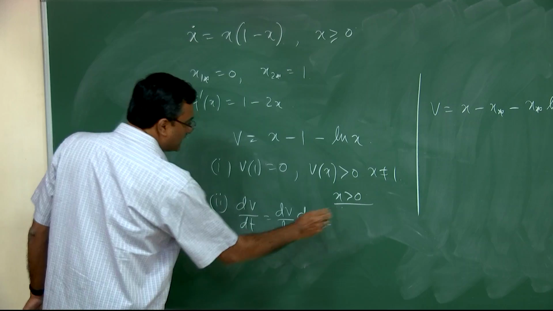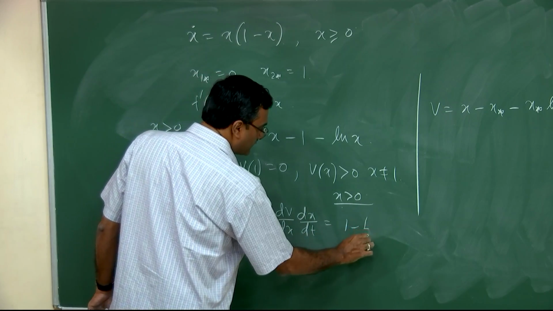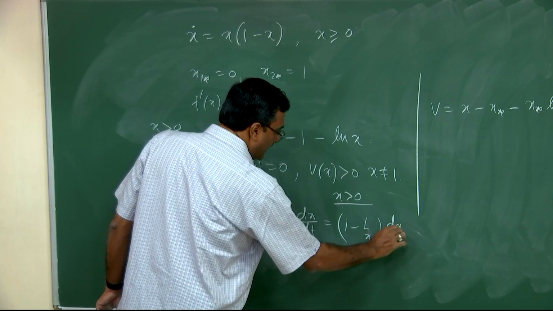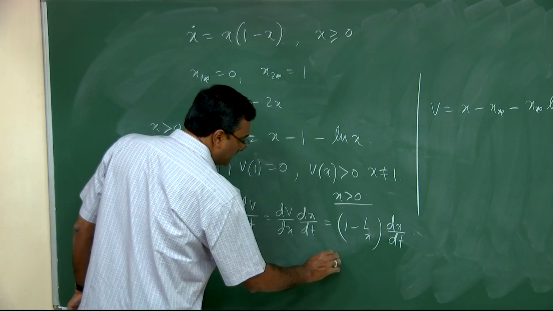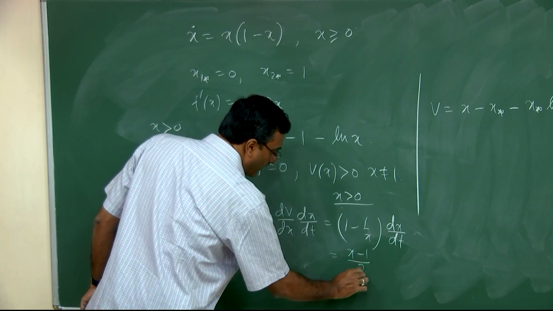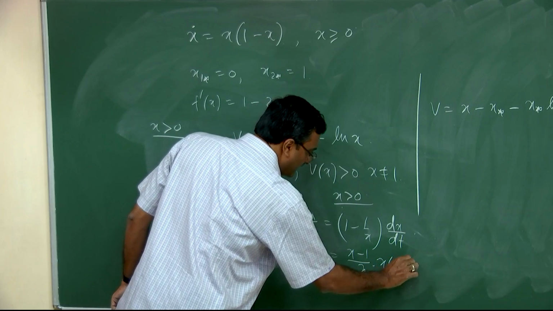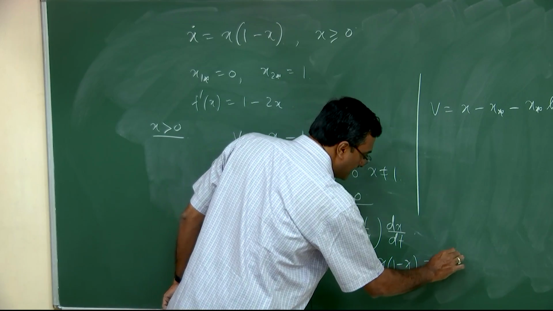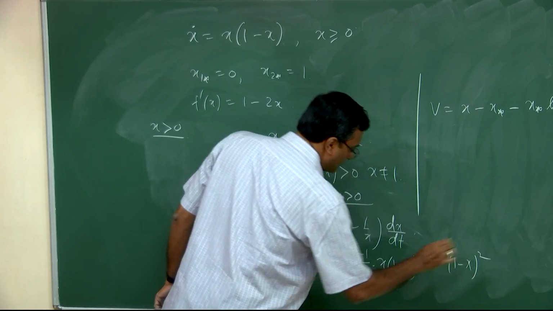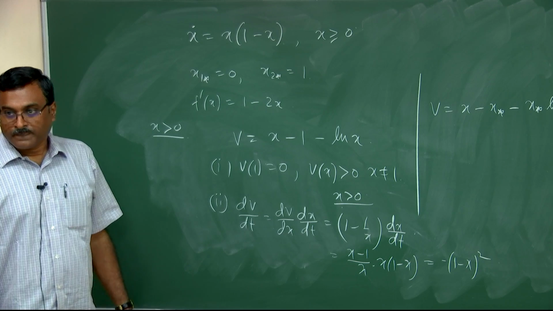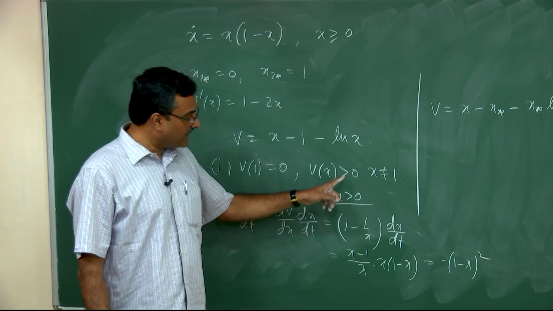So this is equal to (1 minus 1 by x) dx/dt. So this is equal to (x minus 1)/x into x(1 minus x), so this is equal to minus (1 minus x) whole square. Already I have mentioned x is greater than 0.